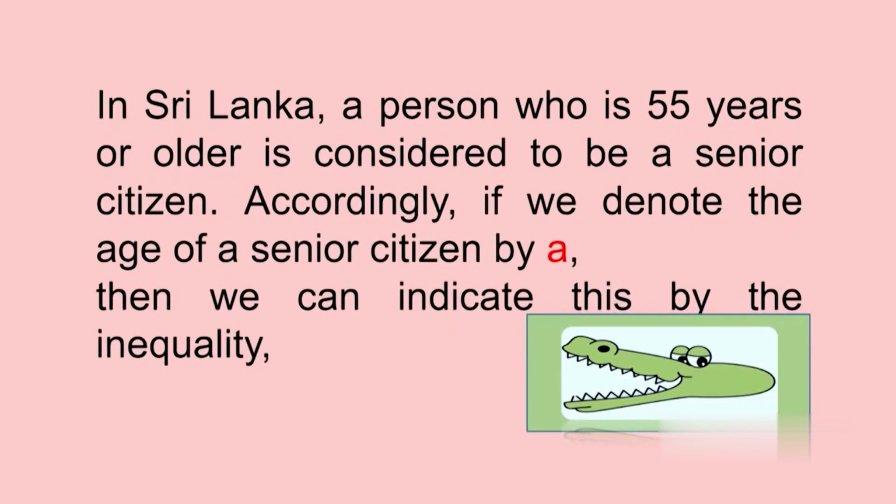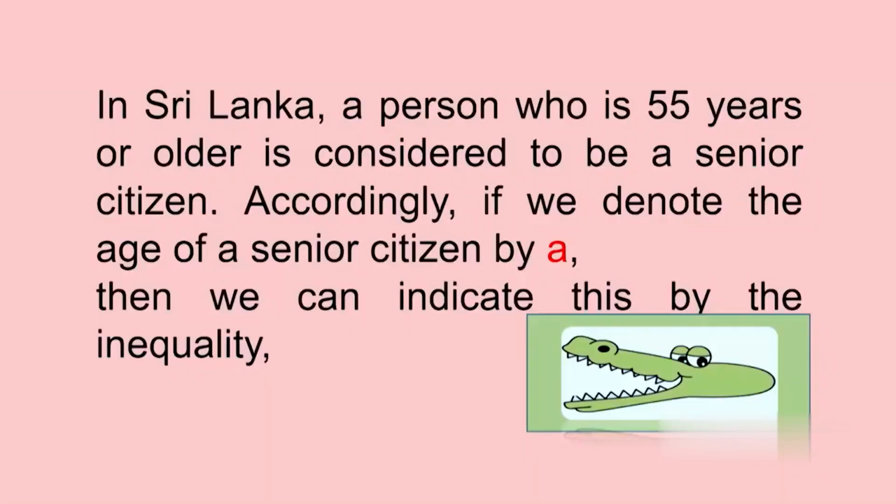Right. Now I take an example from your grade 9 textbook. Look at the example. In Sri Lanka, a person who is 55 years or older is considered to be a senior citizen.